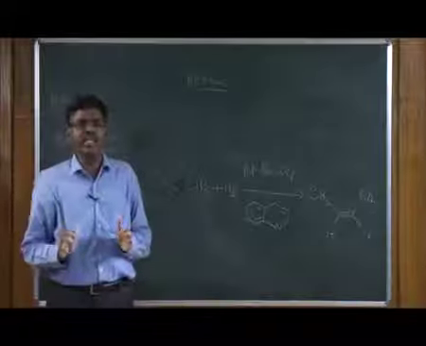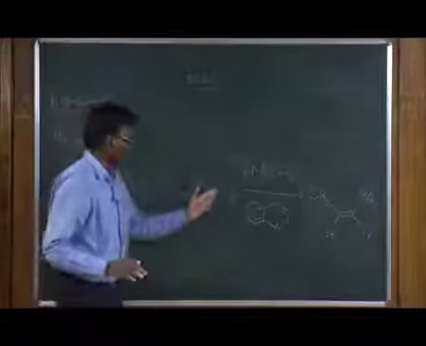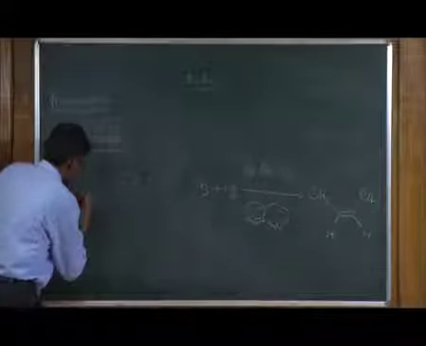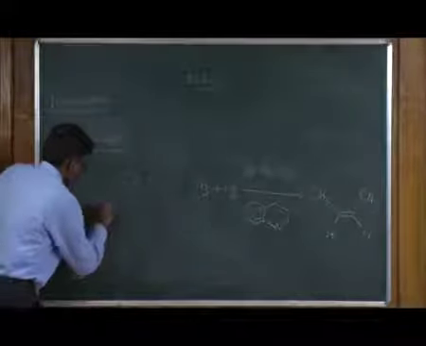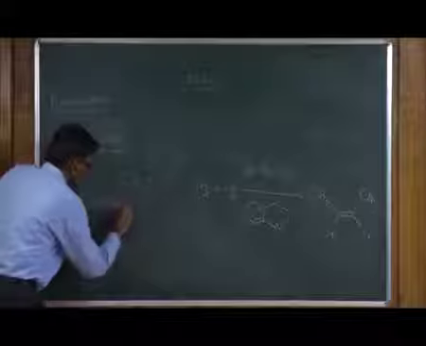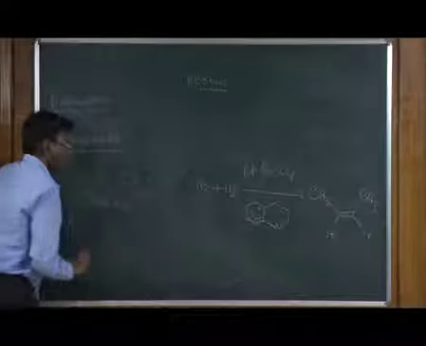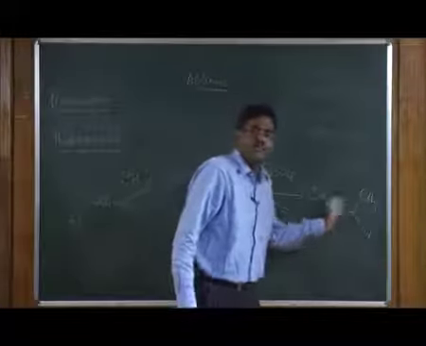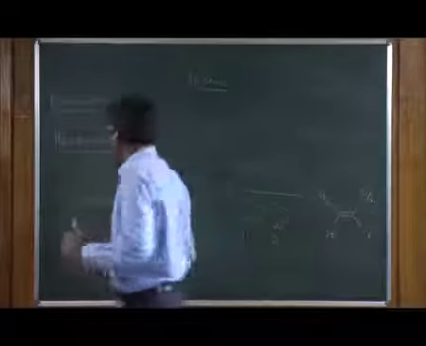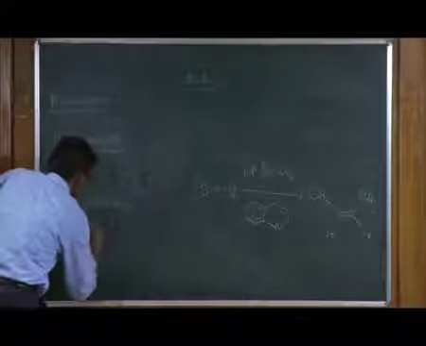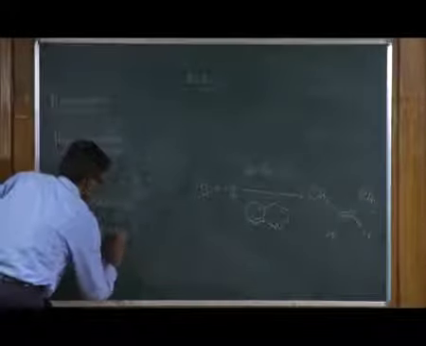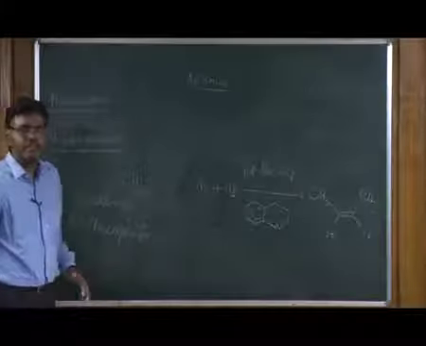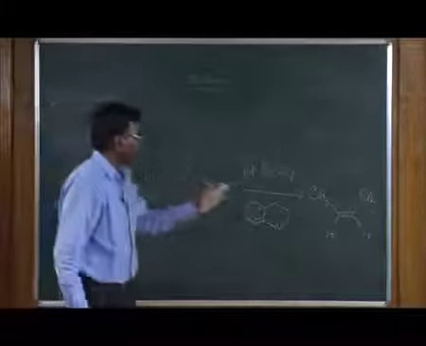So, the reaction is stereospecific, and it is an example of an addition reaction. What you do here is add hydrogen gas to the carbon carbon triple bond. You can end up selectively with cis-2-butene.